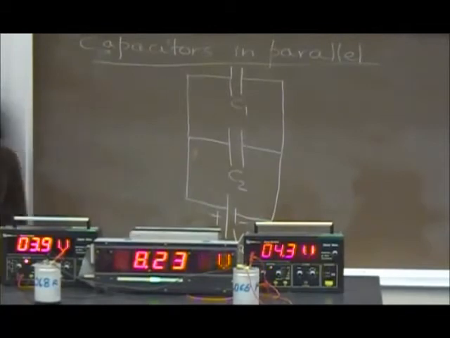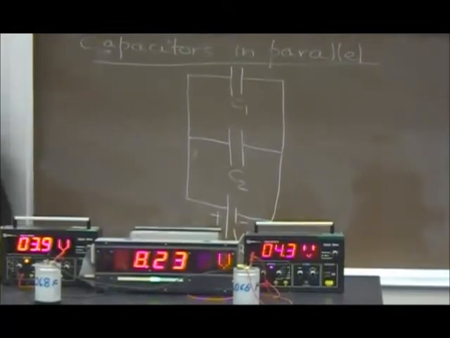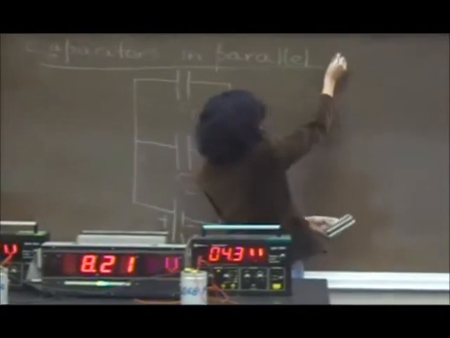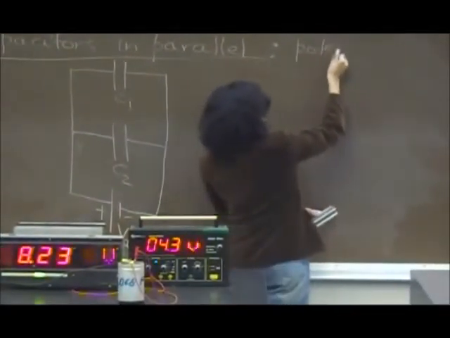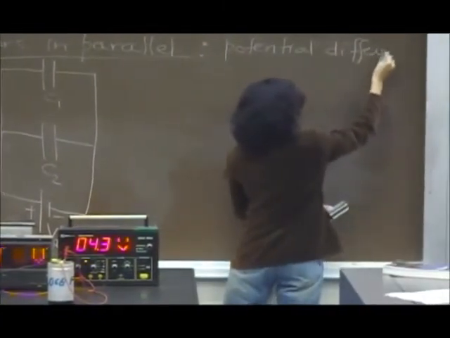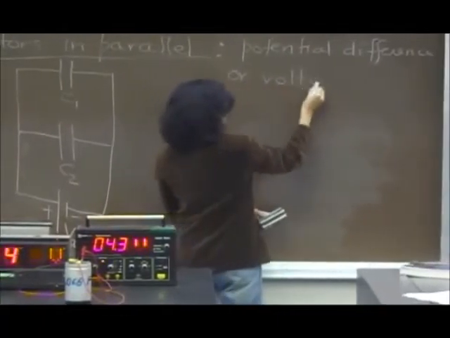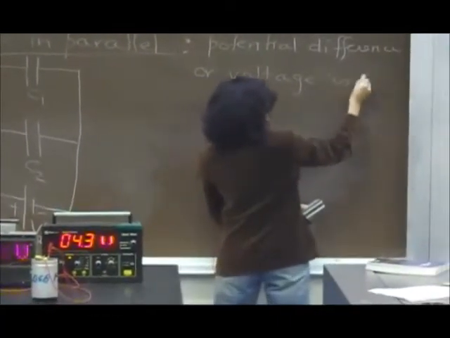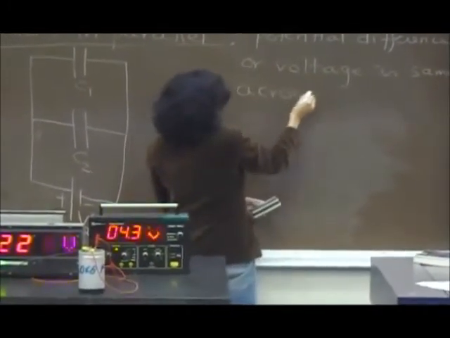This kind of arrangement is called capacitors in parallel. In this case, it turns out that what is the same across the two capacitors is the potential difference, or voltage. The potential difference or voltage is the same across each capacitor.